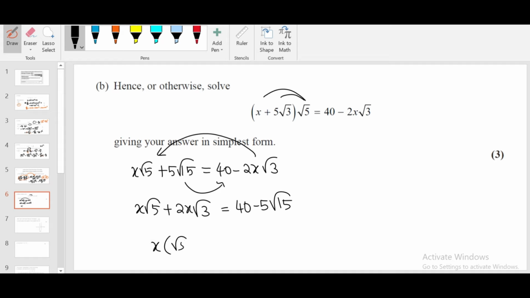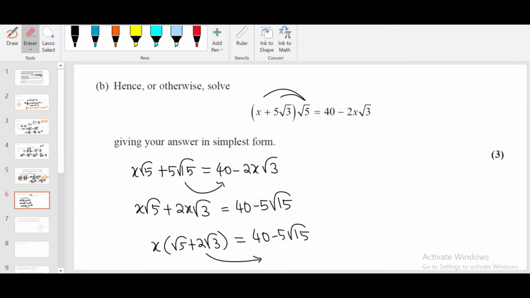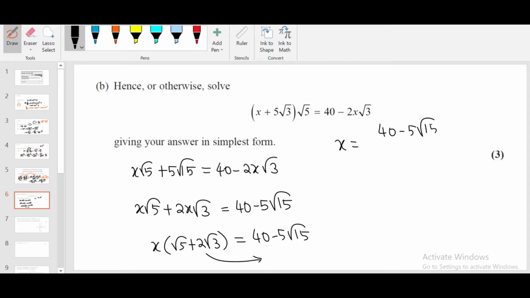Take x as a common factor. You will get root 5 plus 2 root 3 is 40 minus 5 root of 15. Bring this term here as division, so you will get x. So x is equal to 40 minus 5 root of 15 divided by 2 root 3 plus root 5.